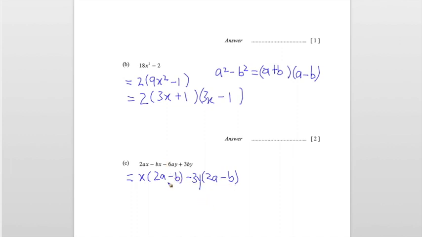So now we have a common factor in brackets 2a minus b. So let us take it out. Common factor, and what is left is x minus 3y.